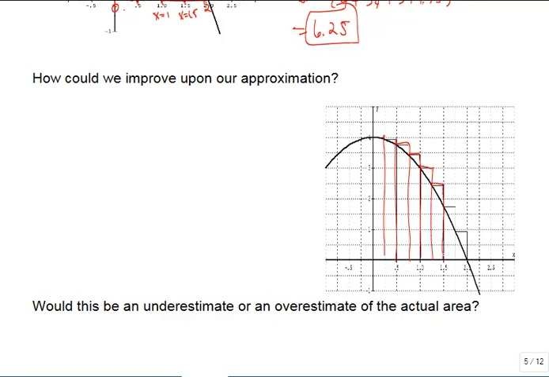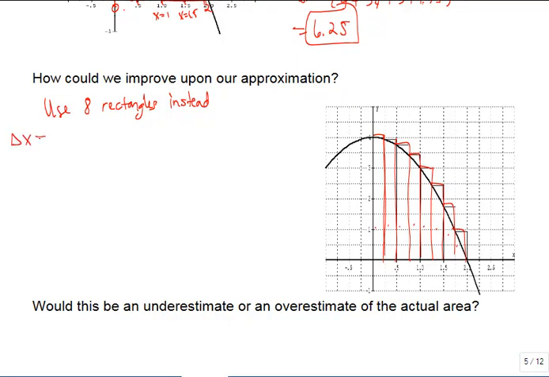So instead, this picture uses the same curve, but now it has 1, 2, 3, 4, 5, 6, 7, 8 rectangles. So we could use 8 rectangles instead. Now I'm not going to do all of the computation for you, but I do want to show you a couple of things that change.